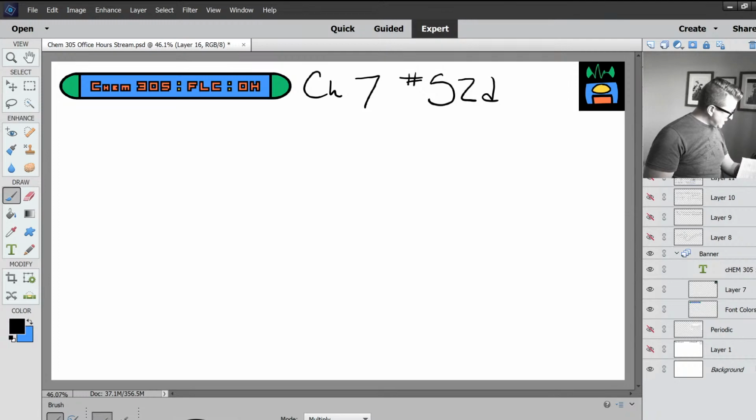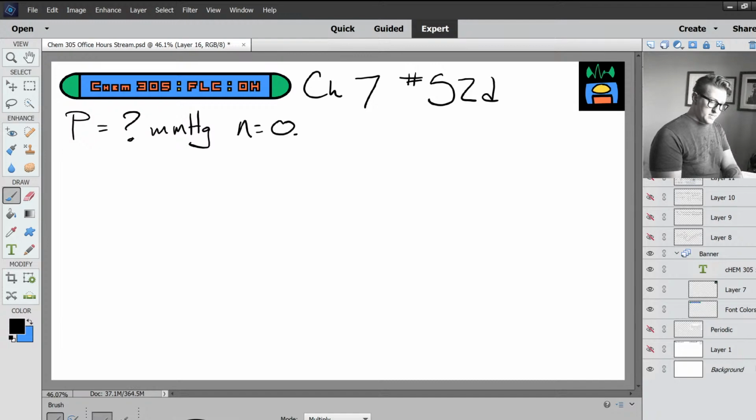And part D asks us to find pressure. So, what is the pressure in millimeters of mercury for 0.500 moles? We're given our volume. This is in a 2.00 liter container.